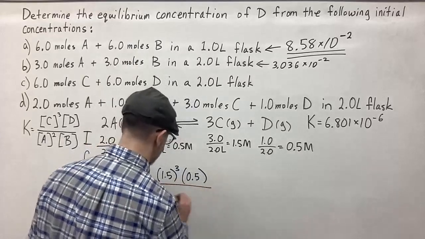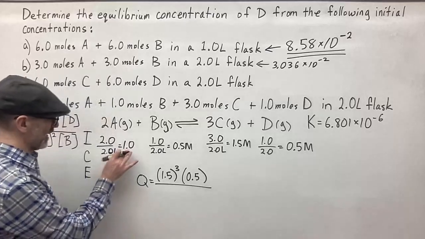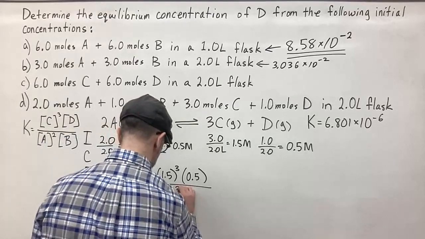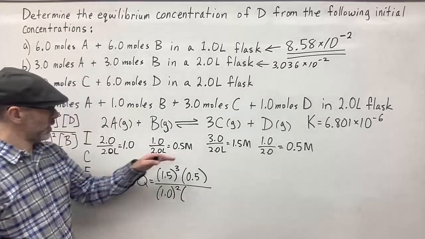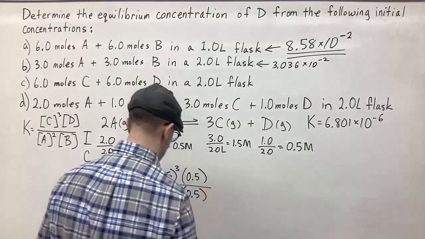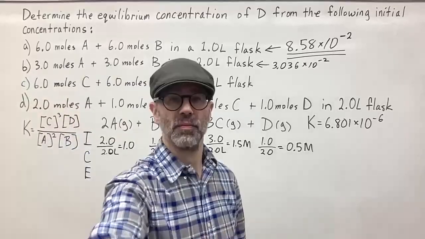We're going to divide by the concentration of A, which is 1, and that's squared. And then we're going to divide by the concentration of B, which is again 0.5. And now we can calculate the Q value.